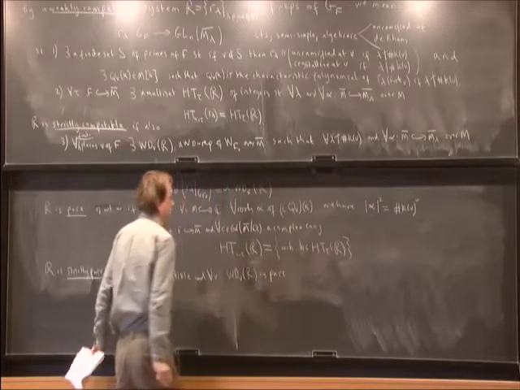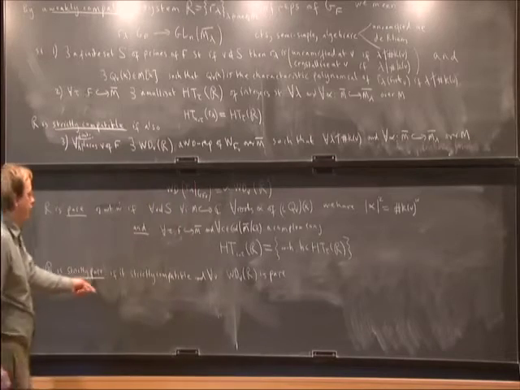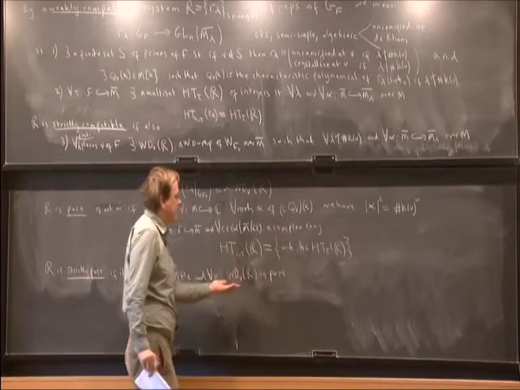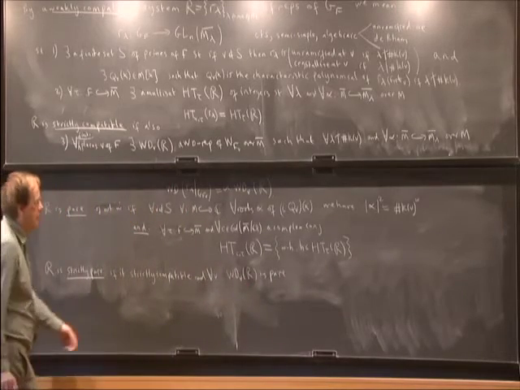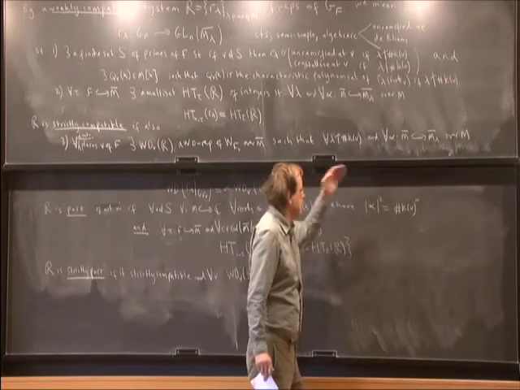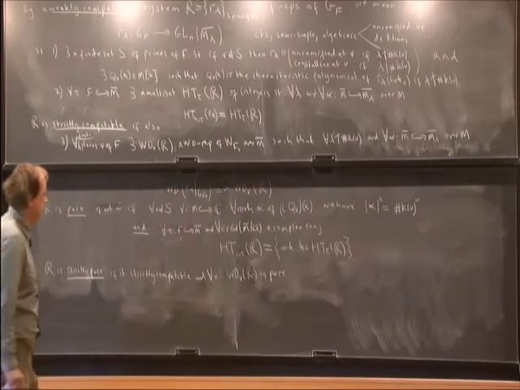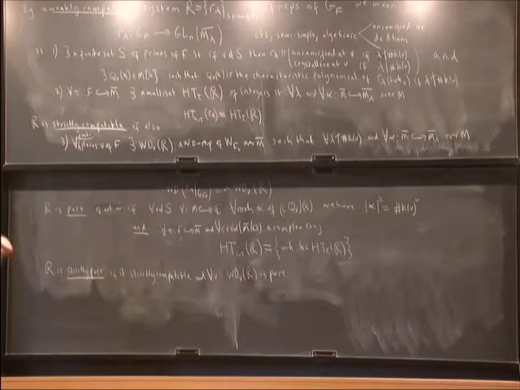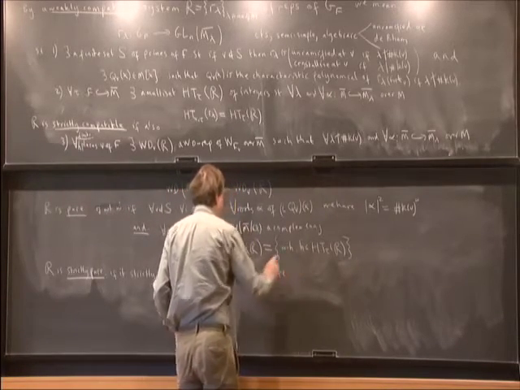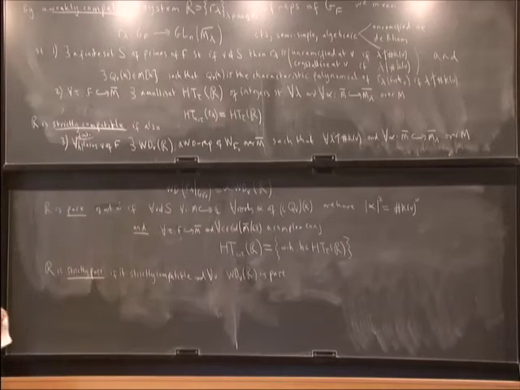So if n is 0 in the Weil-Deligne representation, if it's just a representation of the Weil group, then that means that this is satisfied for the characteristic polynomial of any Frobenius lift, one and hence for all. And if there's an n, well, there's a similar definition.